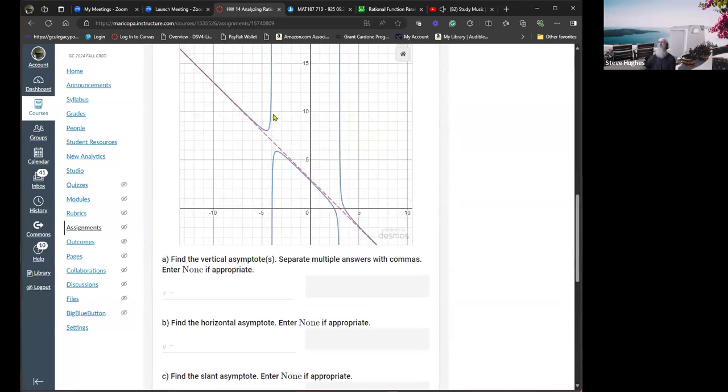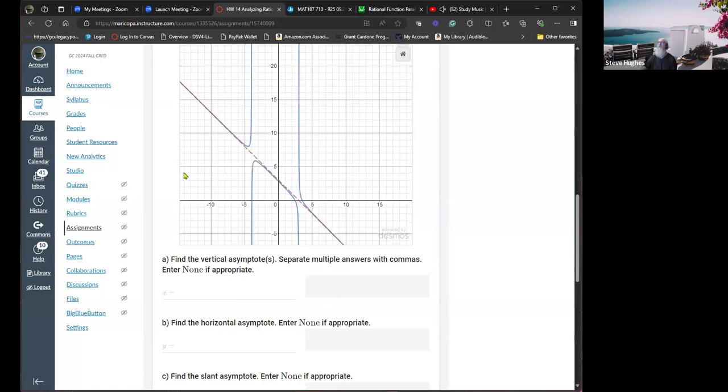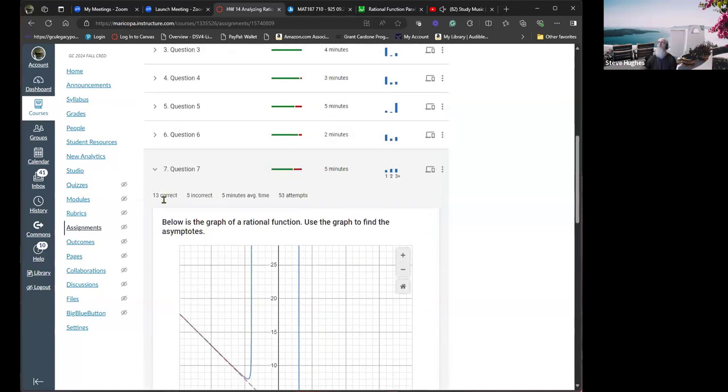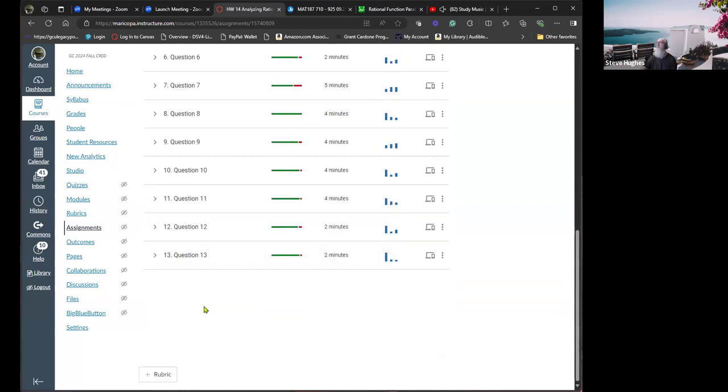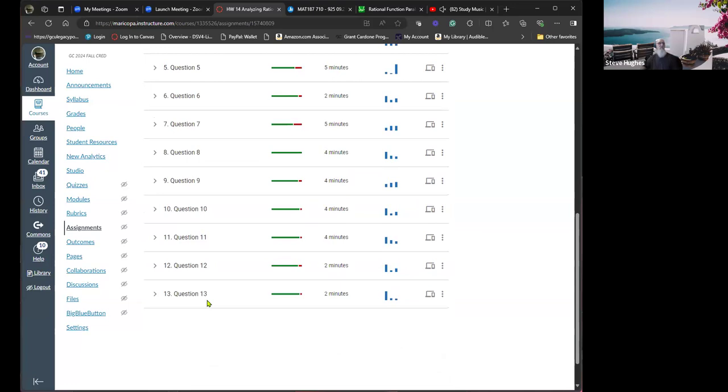It looks like it to me, right? It looks like right up through here, there are vertical asymptotes. There's a slant asymptote, therefore there cannot be a horizontal asymptote, right? All right, good. Again, anybody have any questions here you're working on you'd like me to take a look at with you?